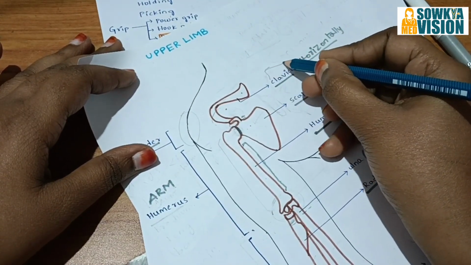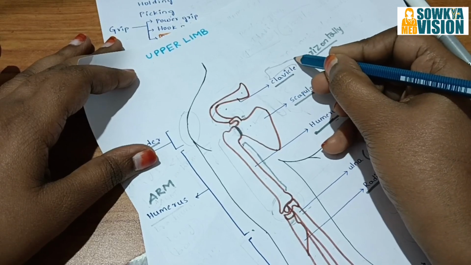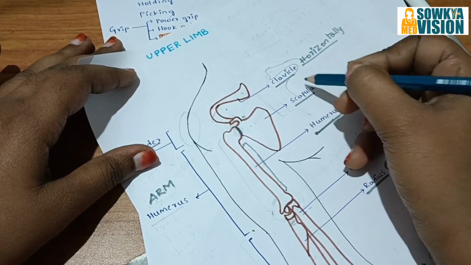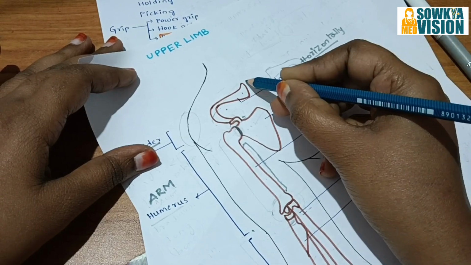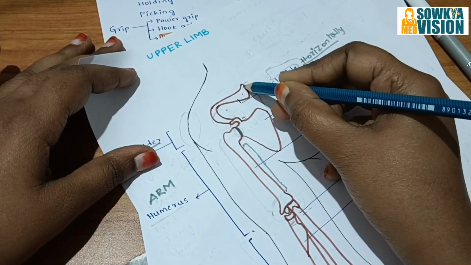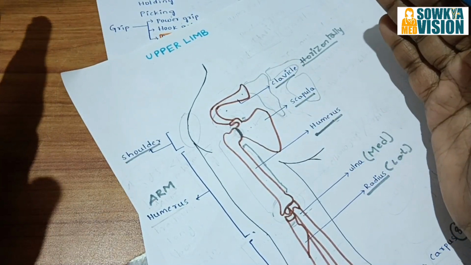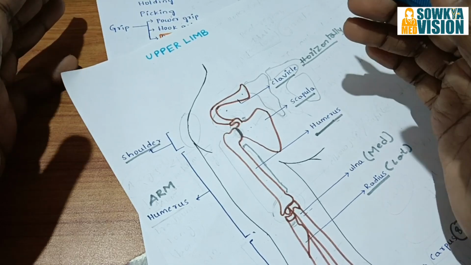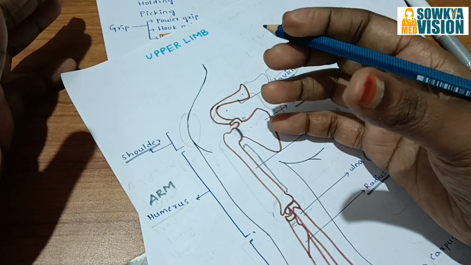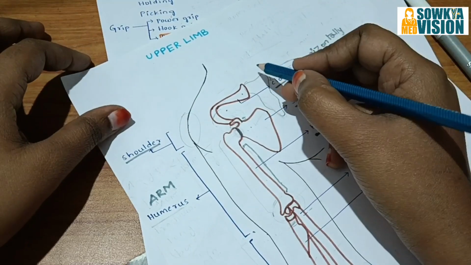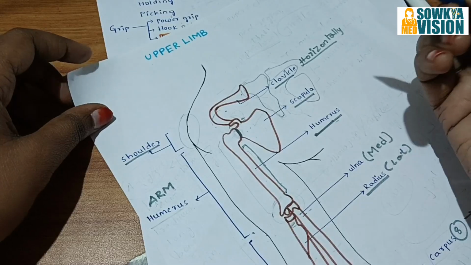Here, on the opposite side, is another clavicle and scapula. The medial ends of the two clavicles are articulated with the manubrium sterni. What is it? It is a bone presented anteriorly in the thorax region. The manubrium sterni is the first part of the sternum.